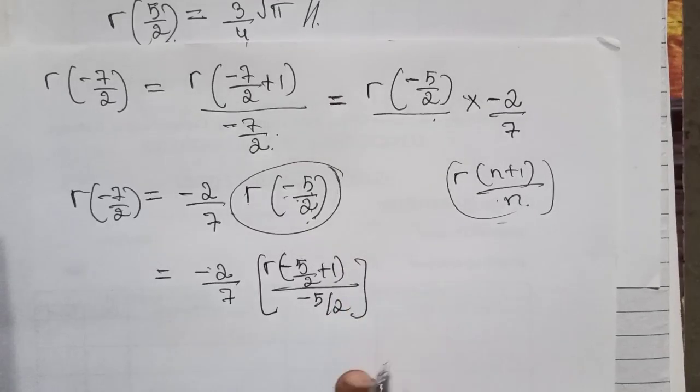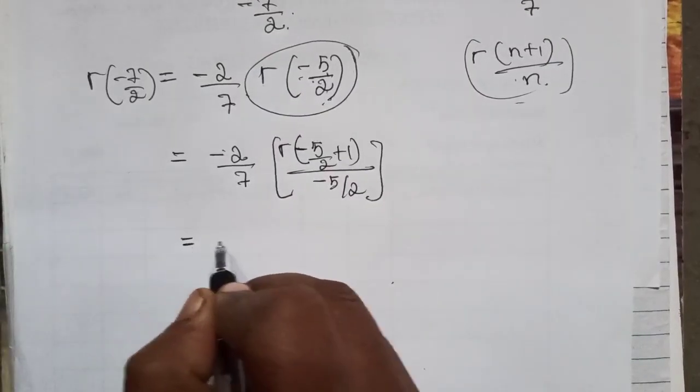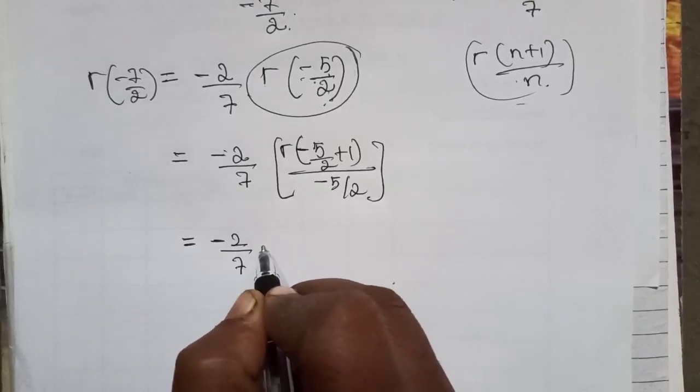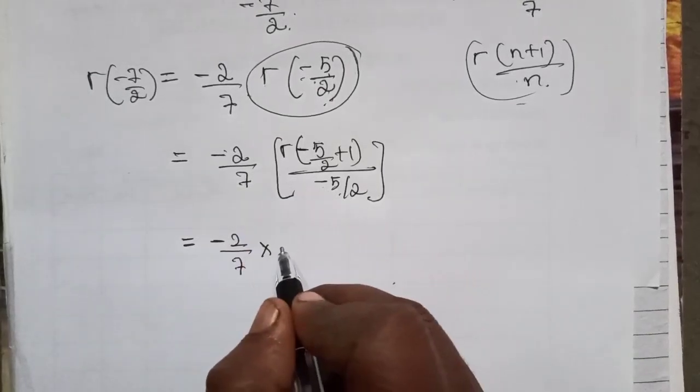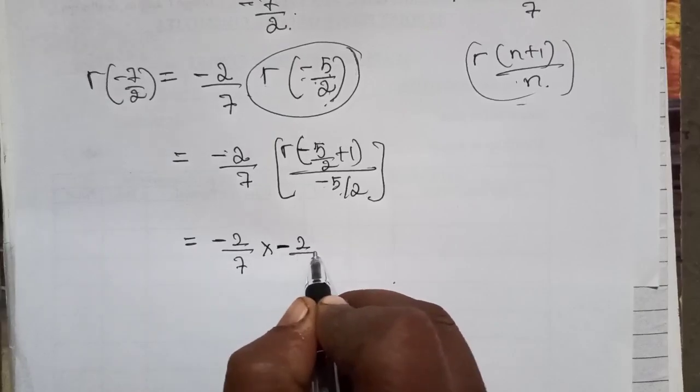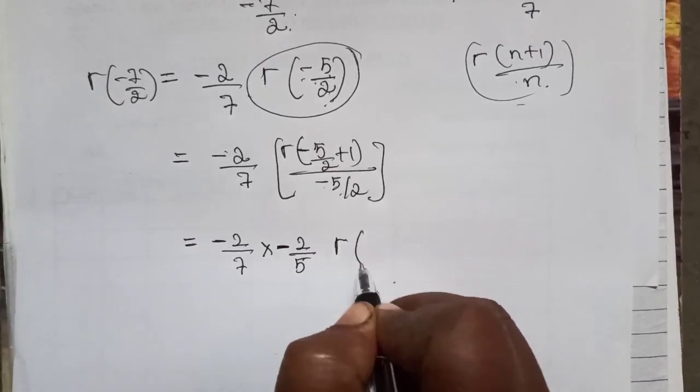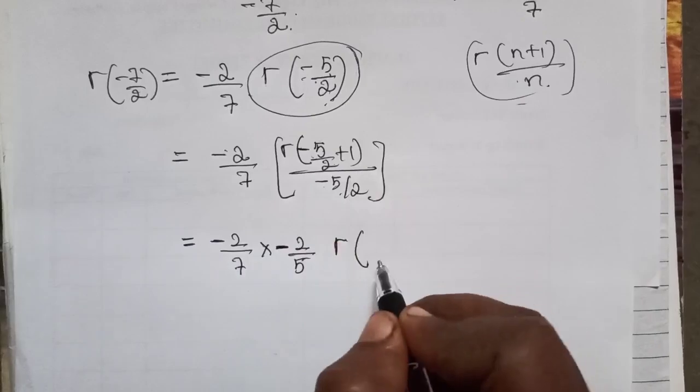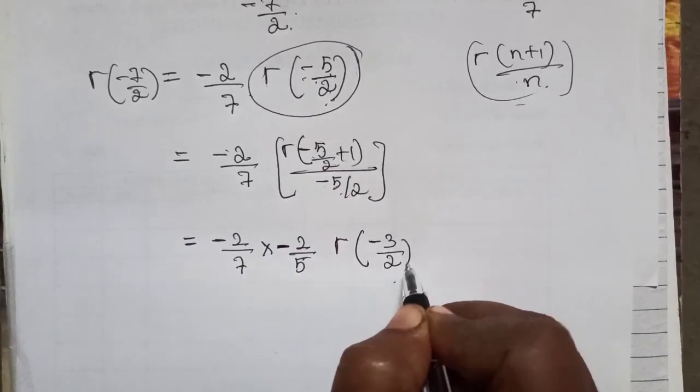So this equals minus 2 by 7 into, cross multiplying, minus 2 by 5. Here we get gamma of minus 5 by 2 plus 1 equals minus 3 by 2.